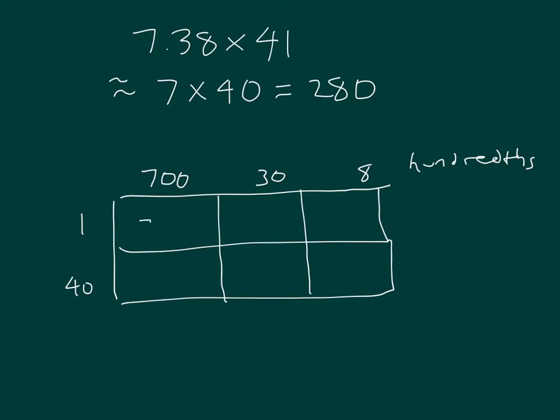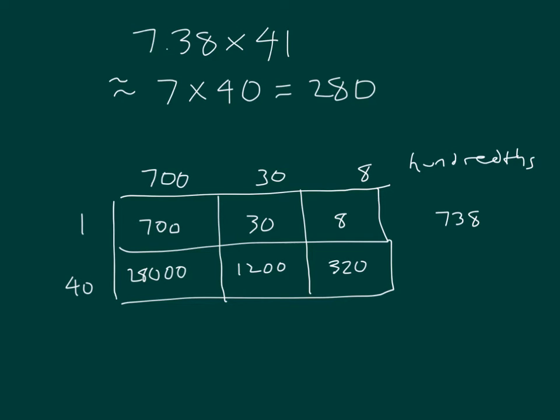One times 700 is 700. 1 times 30 is 30. 1 times 8 is 8. So that's 738. 40 times 700. 1, 2, 3 zeros. So it's 28,000. 40 times 30 is 1,200. And 40 times 8 is 320.